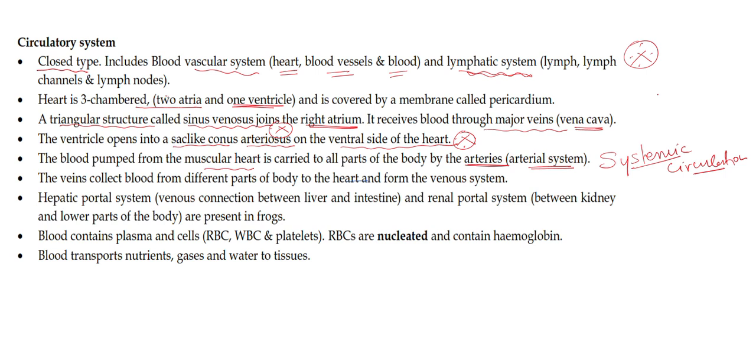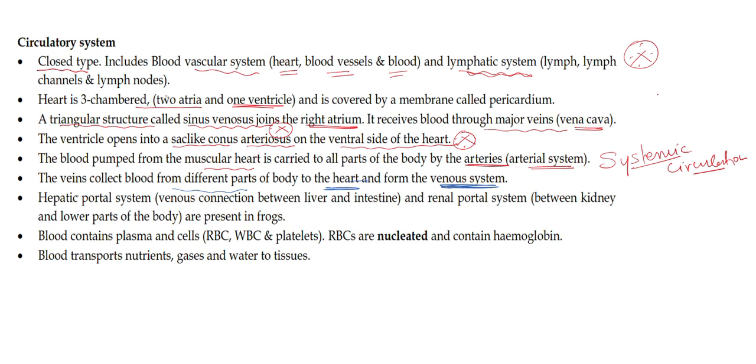So the exceptional content, the different kind of content, we have to remember very carefully. Other questions we can even answer from the human system itself. The veins collect the blood from different parts of the body back to the heart through the venous system. This also comes under systemic circulation.